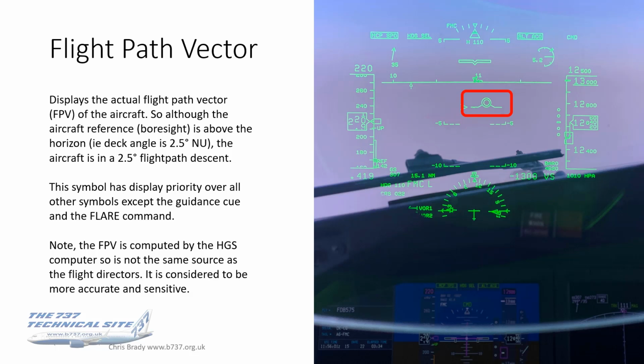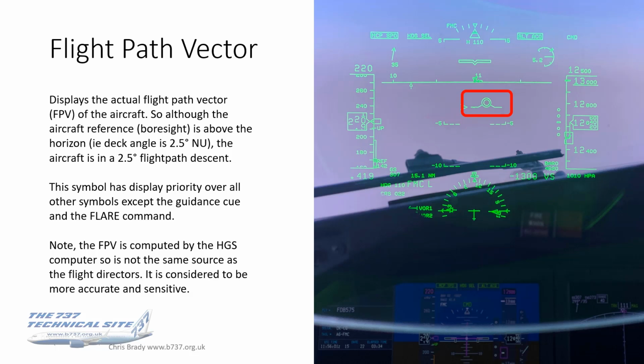This symbol has display priority over all other symbols except the guidance cue and the flare command, because this is the one that's of most importance. And you will find when you use the HUD that your focus is all on this, to the extent that you have to be a little bit careful about not getting tunnel vision or target fixation on this.